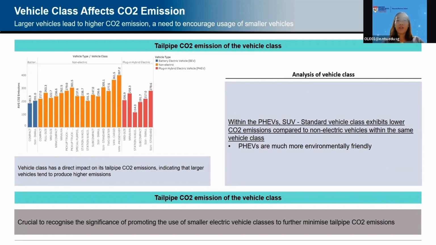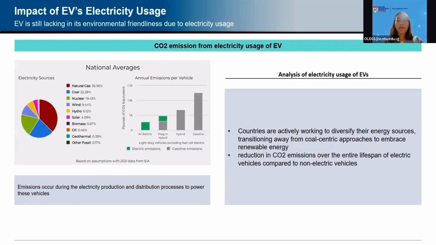However, it is crucial to recognize the significance of promoting the use of smaller electric vehicle classes to further reduce tailpipe CO2 emissions. While BEVs and PHEVs themselves emit minimal CO2, it is acknowledged that emissions occur during electricity production and distribution.